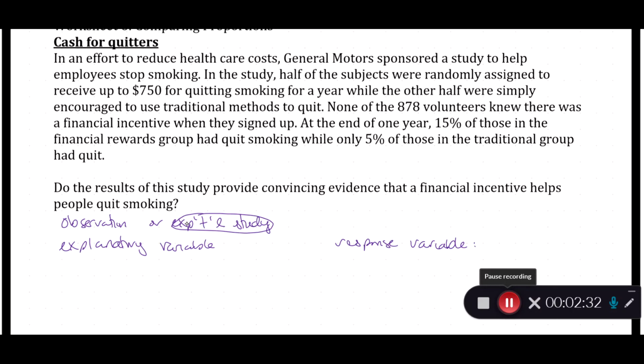Our explanatory variable is therefore the group. So the levels are traditional method or the financial incentive.